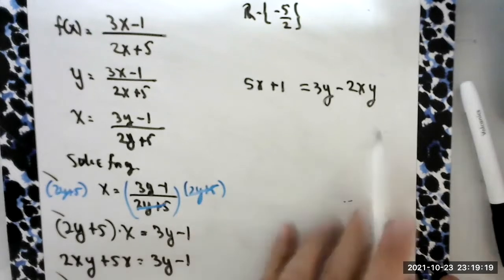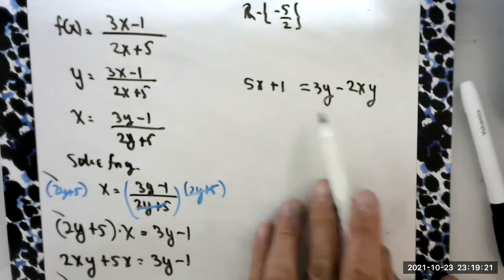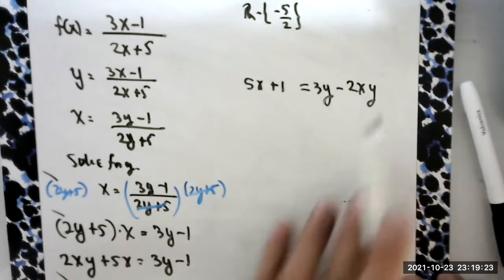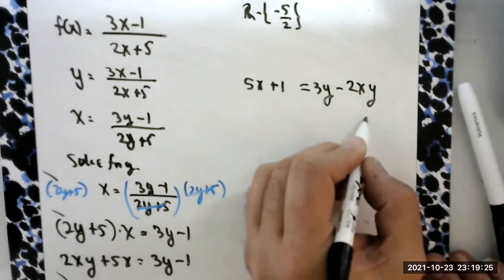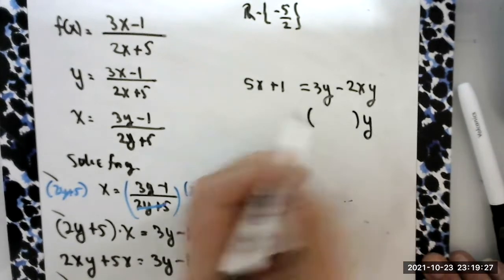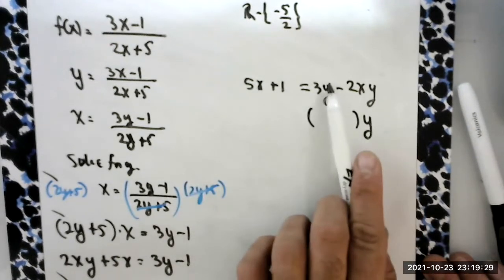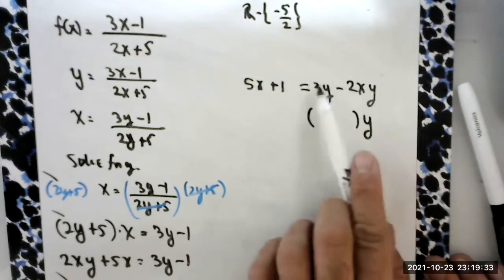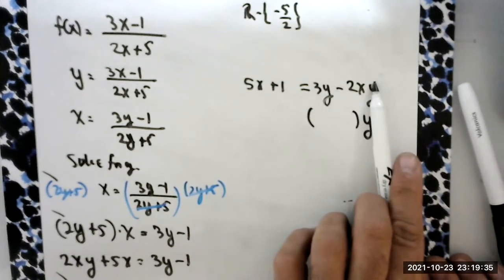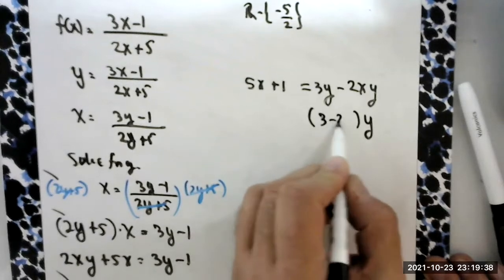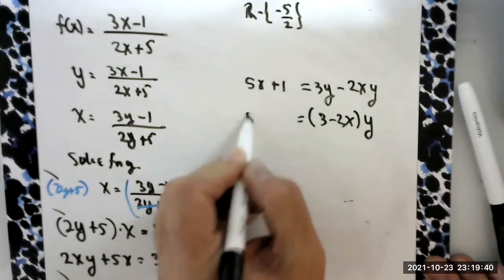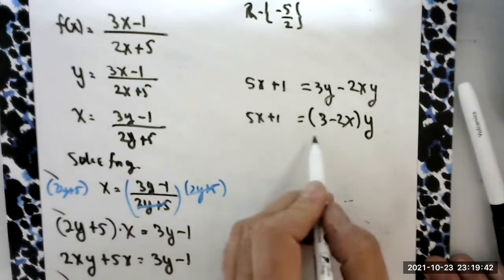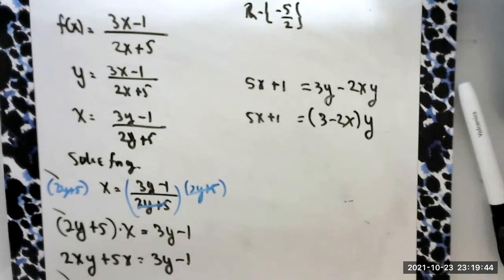Step 3, rearrange so that the y's are on one side of the equation. And last but not least, step 4 will be to factor out the y. If I pull out the y, that will be 3 minus 2x, 3 minus 2x, equals, of course, this chunk.